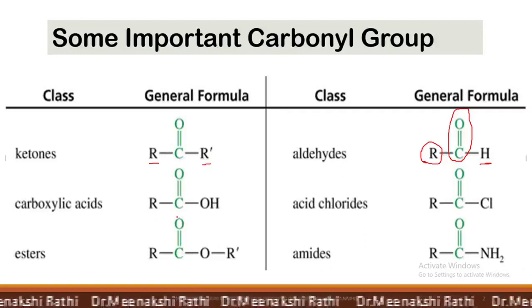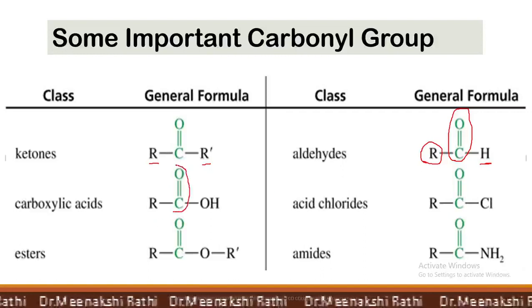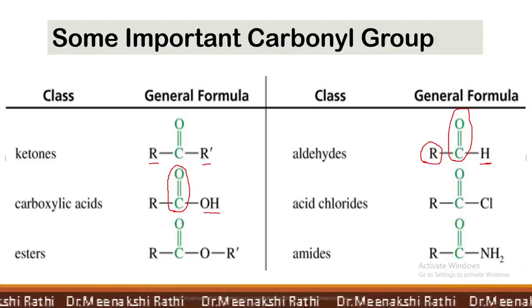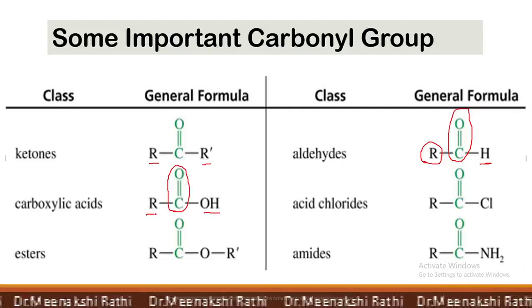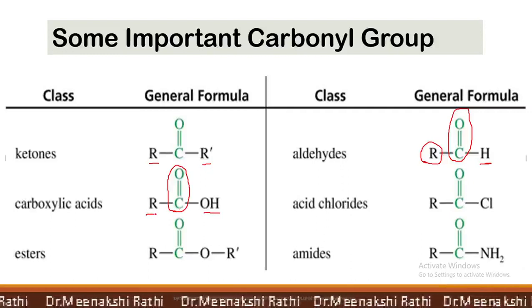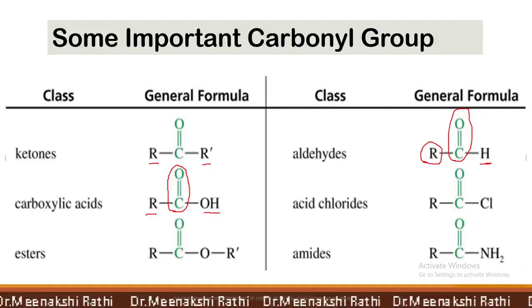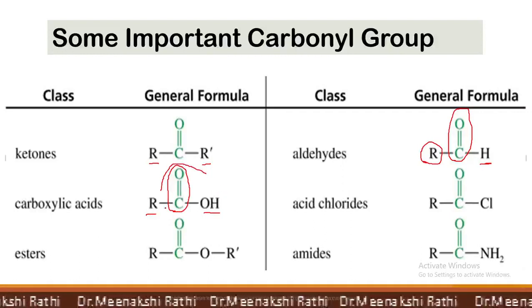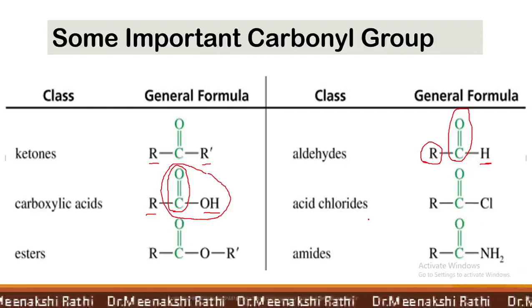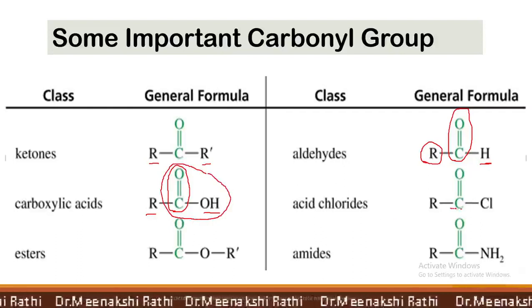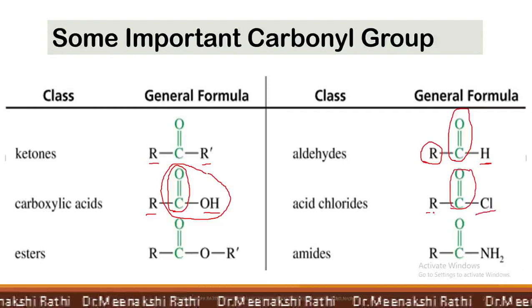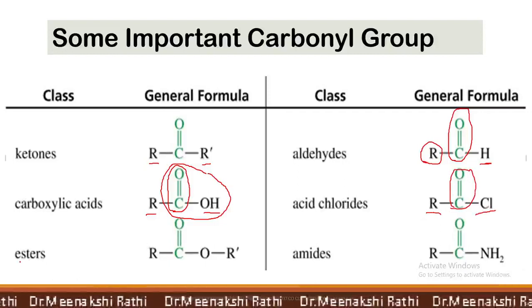Carboxylic acid also contains a carbonyl group. To this carbonyl group, an OH group and an R group are attached. So in carboxylic acid, the complete functional group is considered as COOH. While in acid chlorides, the carbonyl group has one chlorine atom and one alkyl group.